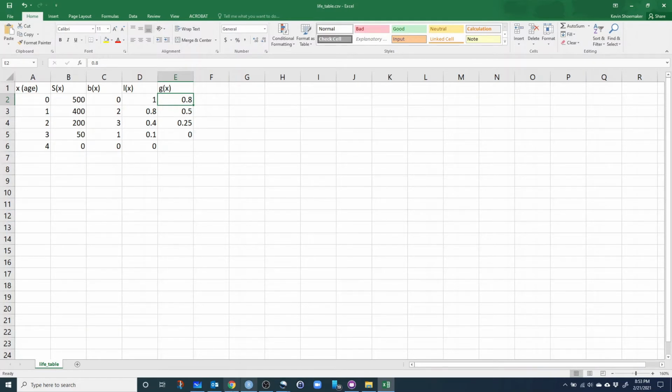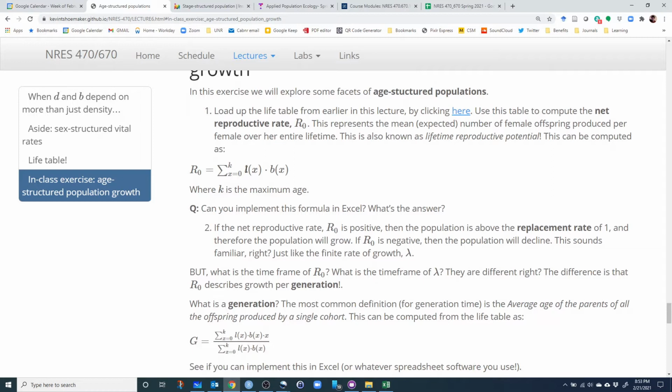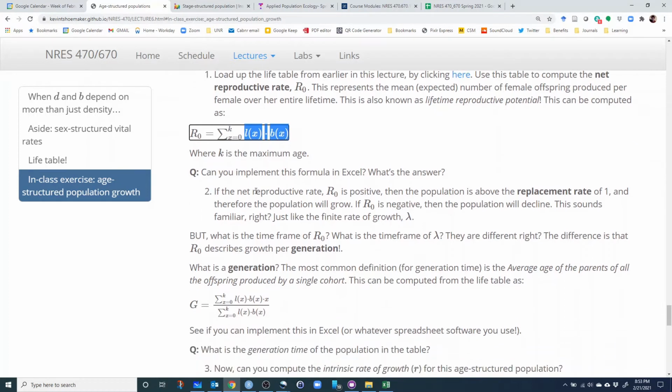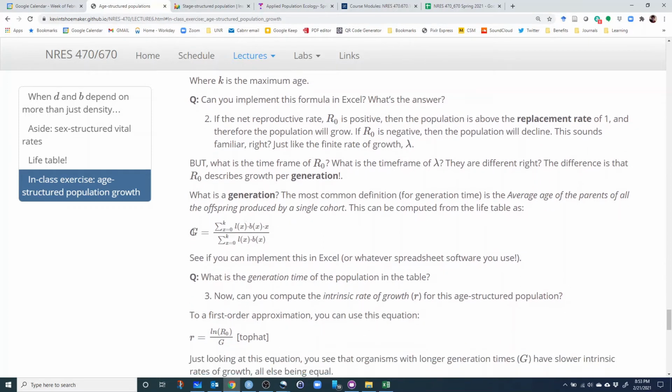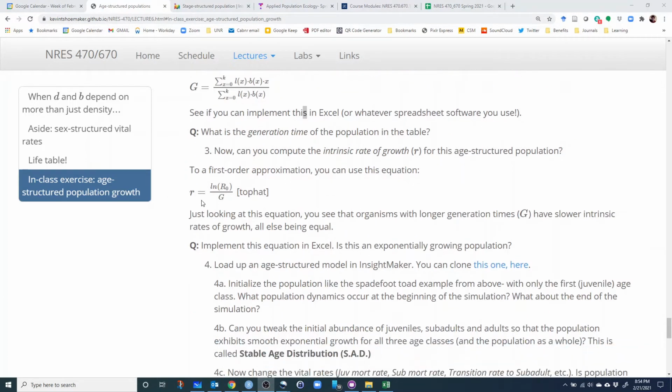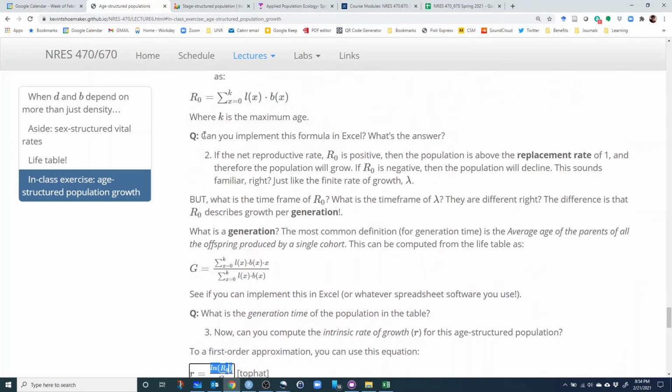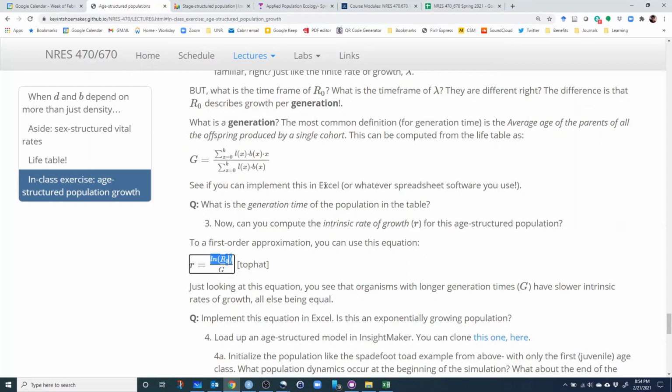So you're basically asked to implement this equation for lifetime reproductive potential: sum up across all ages from birth to the maximum possible age of the survivorship times the birth rate, and then to estimate generation time using this equation here, which we also did in lab, and then to estimate the intrinsic rate of growth, little r, based on this equation, taking the natural log of the lifetime reproductive potential and dividing that by the generation time.